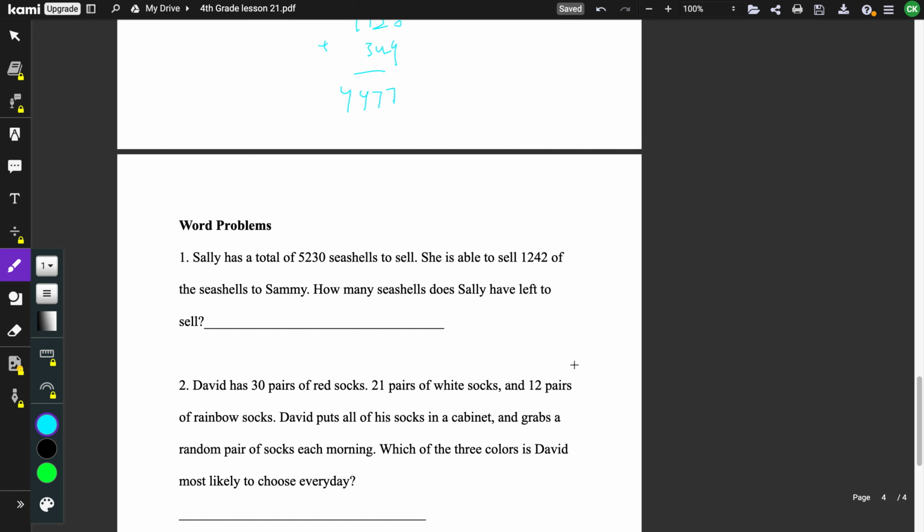Alright, so for number 1, it says Sally has a total of 5,230 seashells to sell. She is able to sell 1,242 of the seashells to Sammy. How many seashells does Sammy have left? So this is a simple subtraction equation where we're given the total and then the amount that she sold.